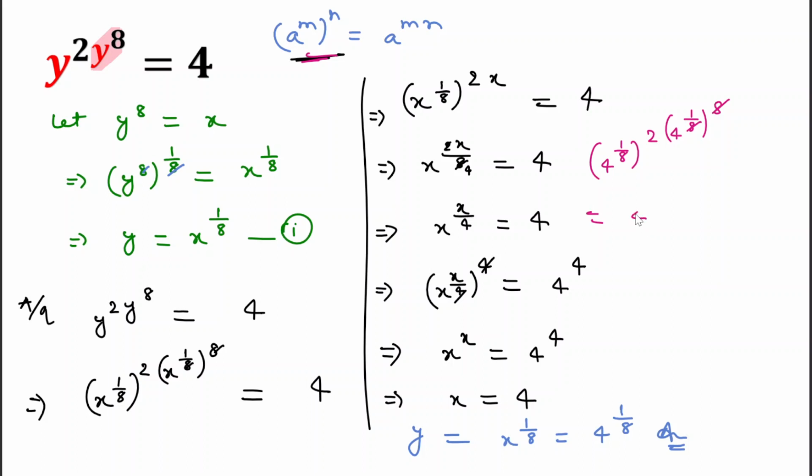So we can write 4 to the power 1 over 8 to the power 2 and 4, and this becomes 8. This also gets cancelled using this formula, so we get 4. LHS equal to RHS, so we can say that y equal to this is the required answer.